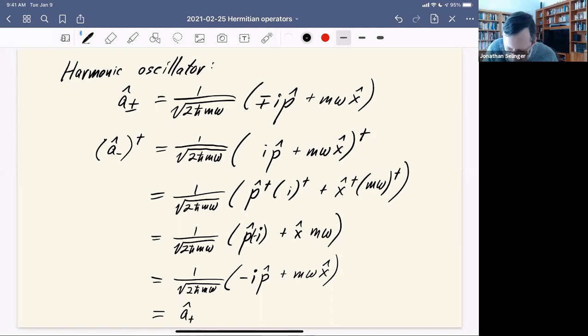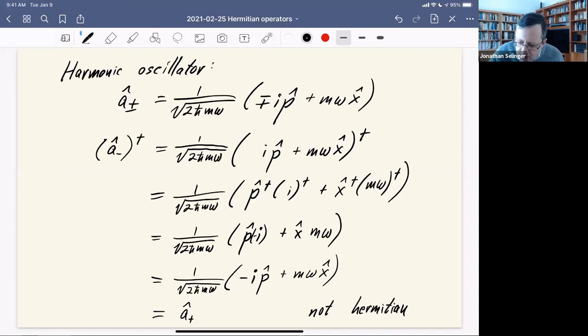Okay, so A minus is not a Hermitian operator. Its Hermitian conjugate is A plus. And vice versa, if you run the same argument in reverse, then the Hermitian conjugate of A plus is A minus. So A plus and A minus are Hermitian conjugates of each other.